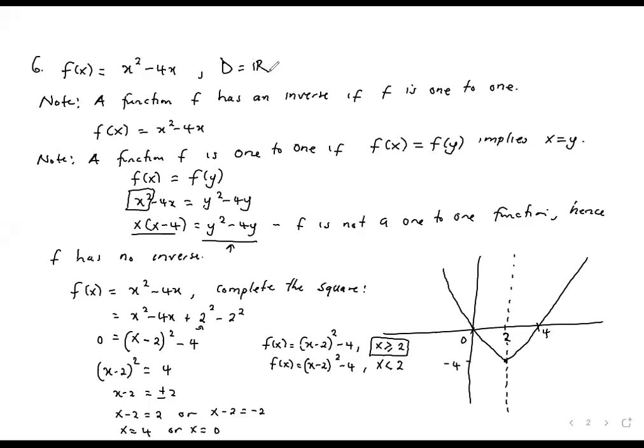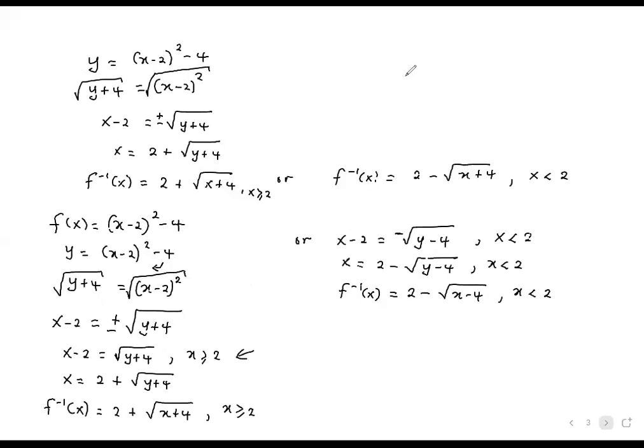The easiest way of knowing the range here is using the graph, since I've already graphed it. So the range from the graph is from -4 going to infinity. Remember, we are saying that the domain of the inverse is the range of the original function. So let's come to the inverse.